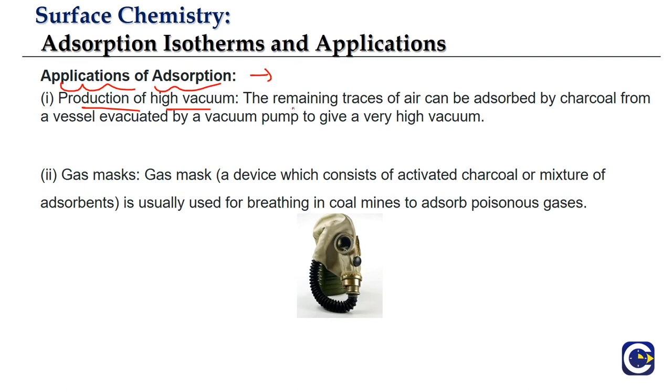When we have a room and we are trying to create a vacuum, we use a vacuum suction pump to remove the air from the room, but we still have some traces of air remaining. These traces of air can be adsorbed by charcoal, and by that we are able to create a very high vacuum.